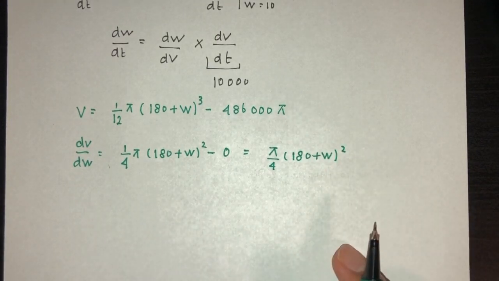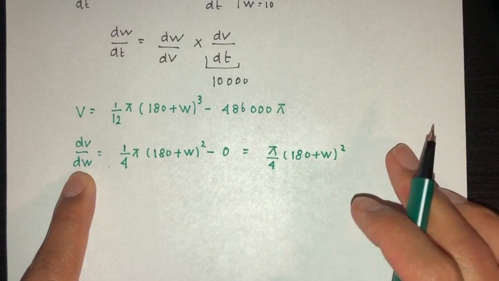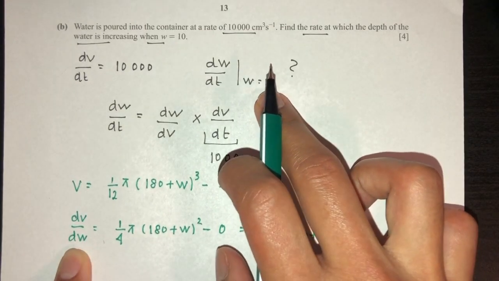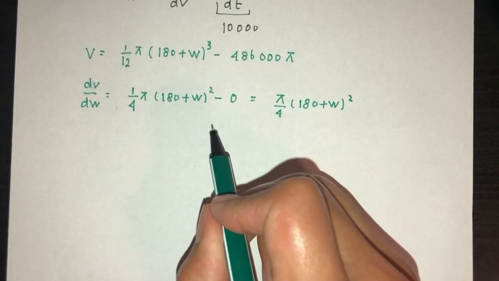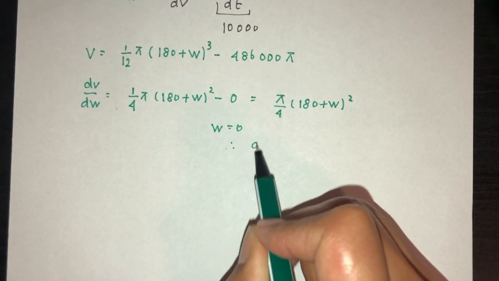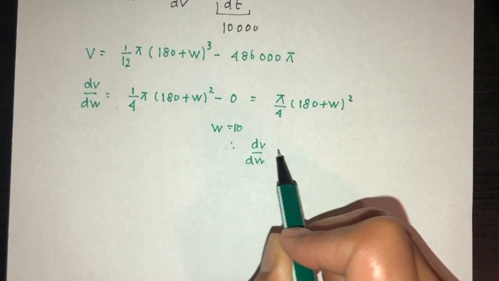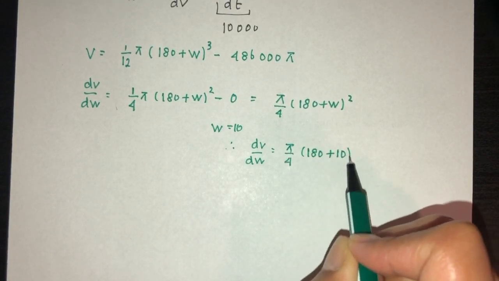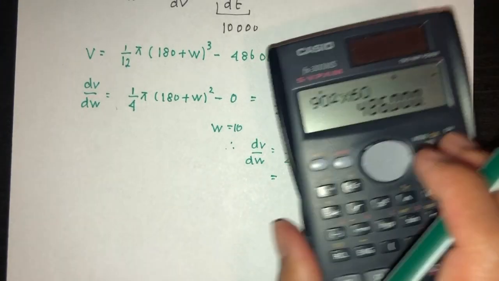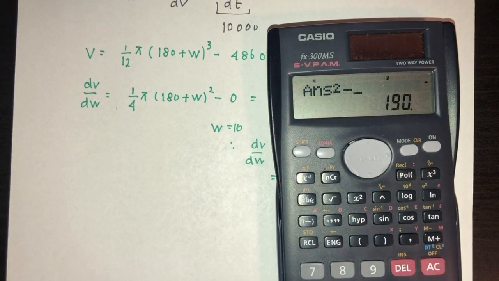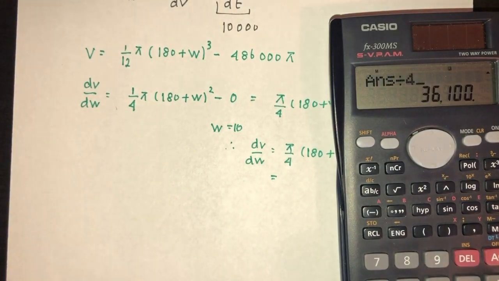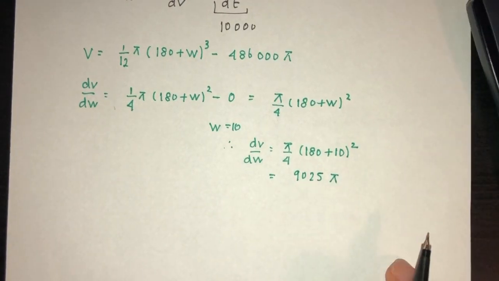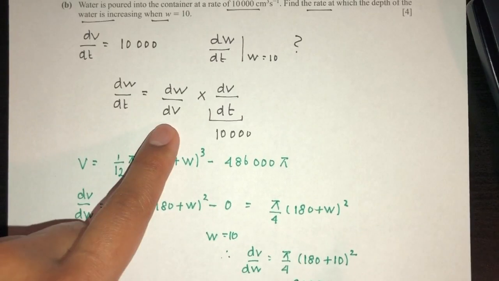But now you have to find the value of this when W is equal to 10. So let's do that. W is equal to 10. dV by dW should be pi by 4 times (180 plus 10) squared. So (180 plus 10) squared divided by 4, that should be 9025 pi.